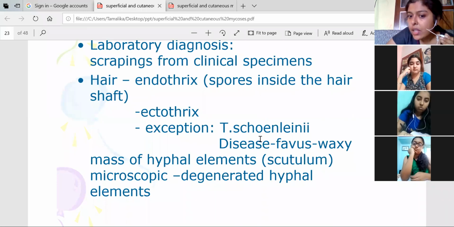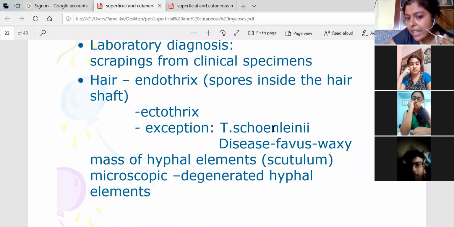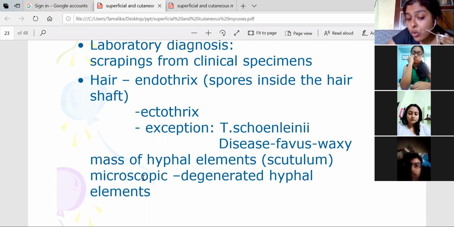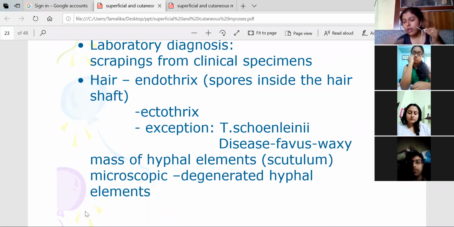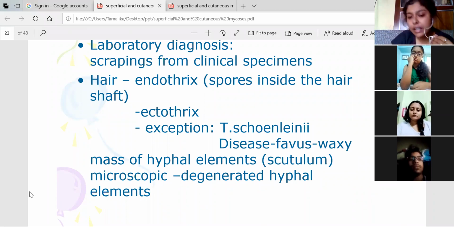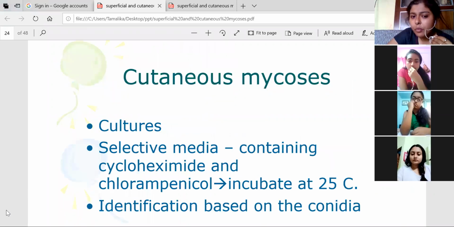The exception is Schoenlein's disease, which has a waxy mass of hyphal elements formed on the skin, and you see it in the microscope as degenerated hyphal elements. So the hyphae which you will see in the microscope are basically degenerated, right?